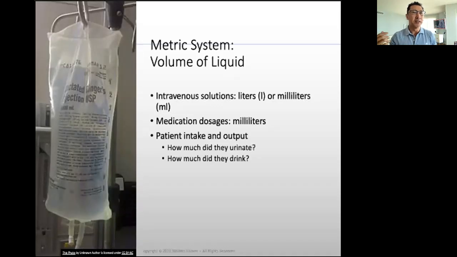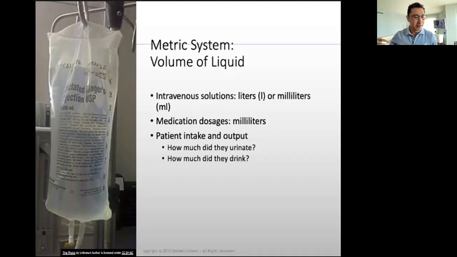Another way we use this is for intake and output. How much did they urinate? I peed in the urinal and I had 400 mLs out. I puked in one of those puke bags, and I measured it because it has a measuring scale, and I puked out 150 mLs of emesis.